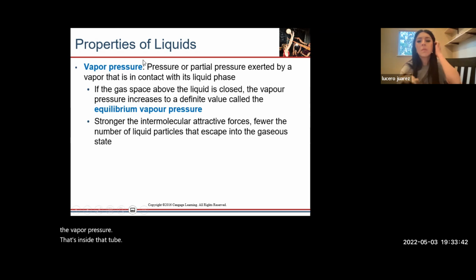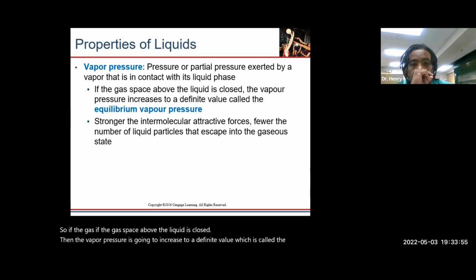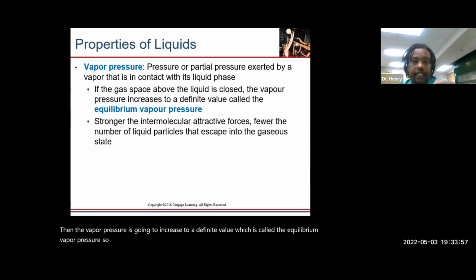Okay, so if the gas space above the liquid is closed, then the vapor pressure is going to increase to a definite value, which is called the equilibrium vapor pressure. So if we seal it so that nothing can get out, the vapor pressure is going to reach a point of equilibrium.